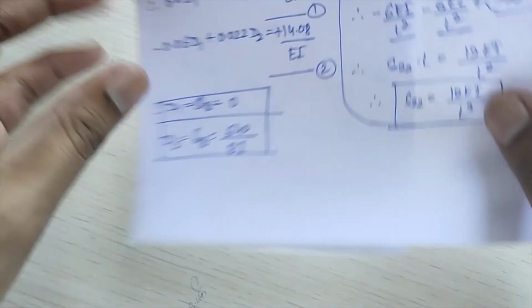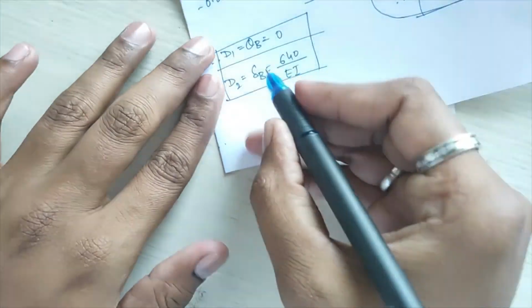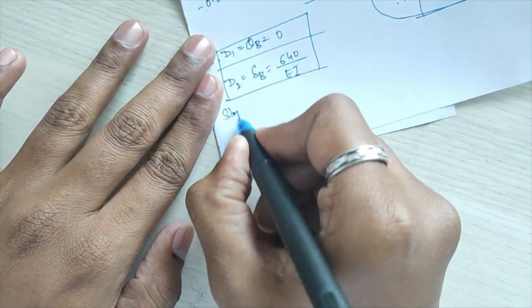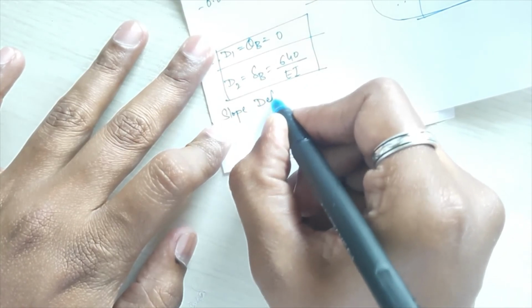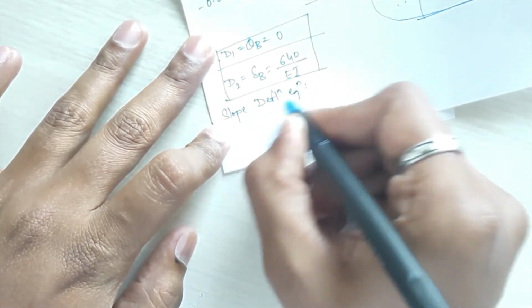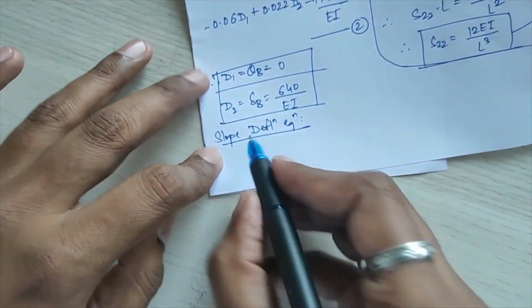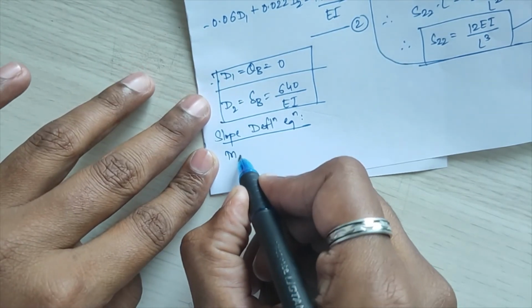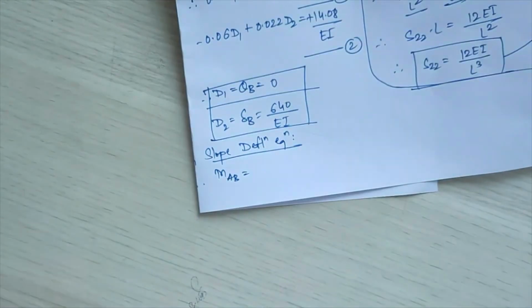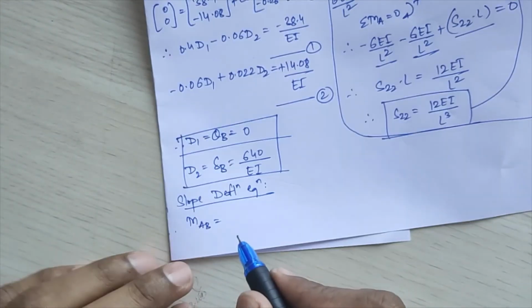Now we will calculate your final moments using the slope deflection equations. For the slope deflection equation, the first equation is MAB equal to MFAB.